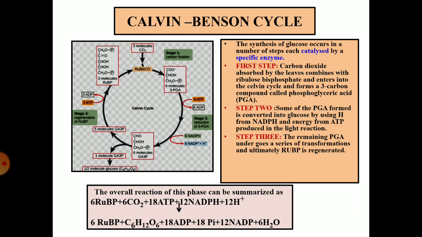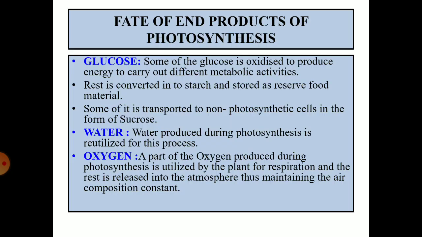This then combines with the carbon dioxide once again and goes back into the cycle. That is why it is known as the Calvin-Benson cycle. The overall reaction of this phase is summarized as shown in the equation.